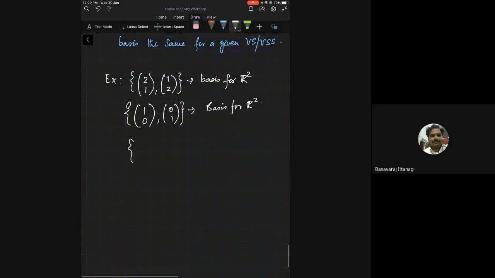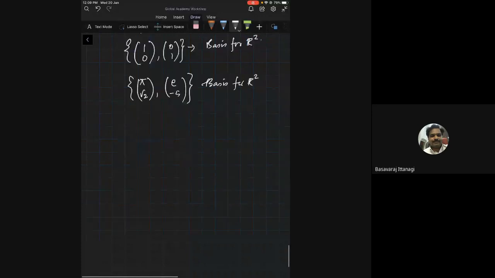(Pi, root 2), (e, minus 5) is also a basis for R2. (1, 0), (1, 1) is also a basis for R2. So you can find infinitely many bases for this.